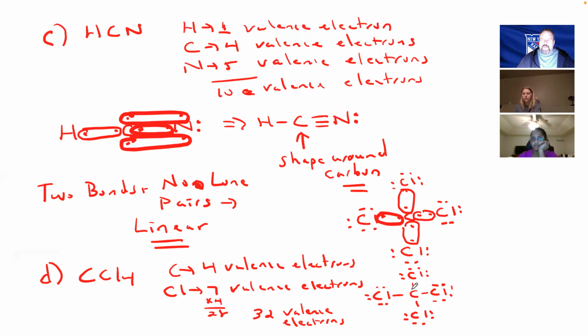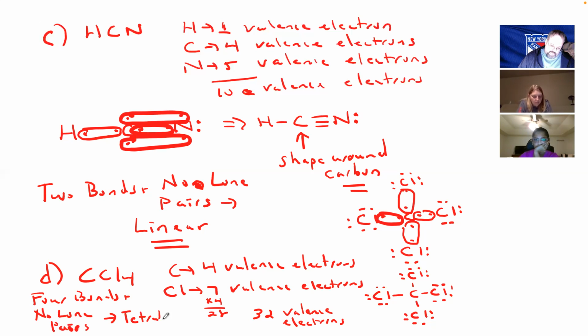The carbon has 2, 4, 6, 8. Excellent. Now, what about shape? Well, in terms of shape, 4 bonds and no lone pairs. What does VSEPR theory have to say? Well, it says the shape around that atom is tetrahedral.